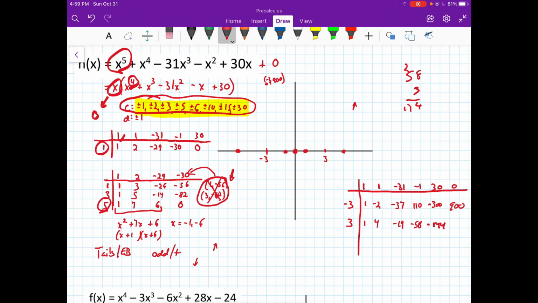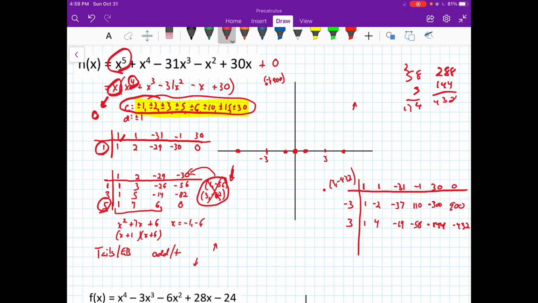And 144 times 2 is 288, and then another 144, 432, -432. So -432 down here somewhere, that's 3, -432.